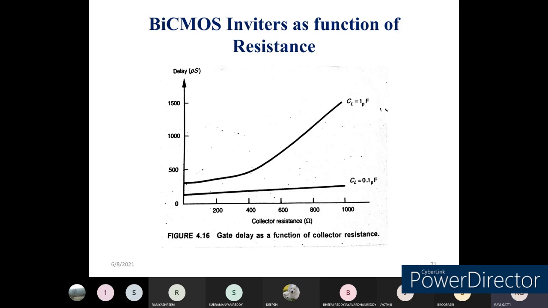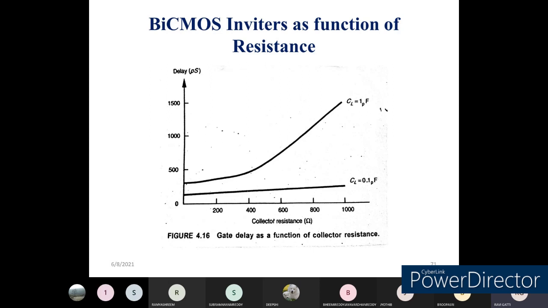You can see when the capacitive load is 0.1 pF, the delay was less in the case of the BiCMOS technology. When you increase that, that is the driving capacity of the capacitor, when CL was 1 picofarad, the delay increased exponentially in the linear curve.